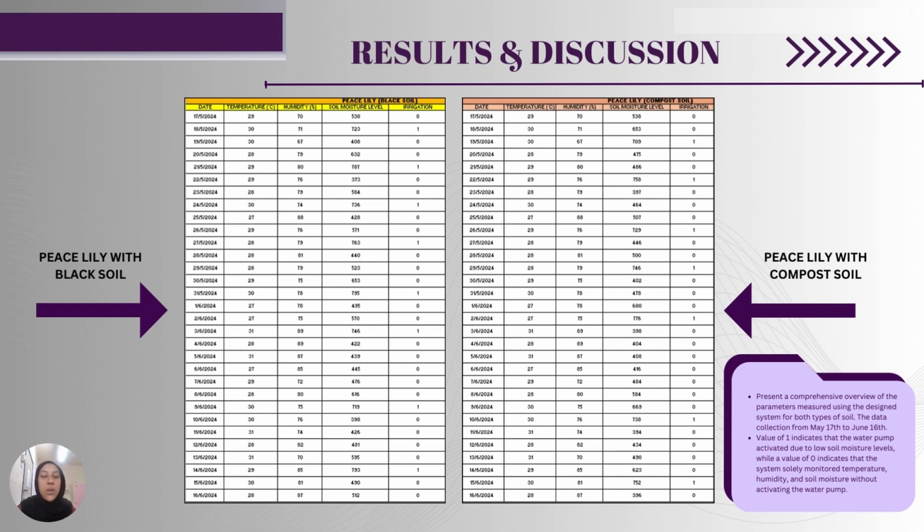In the irrigation column, there are values of 0 and 1, where the value of 1 indicates that the water pump is activated due to the low soil moisture levels, while a value of 0 indicates that the system solely monitored temperature, humidity, and soil moisture without activating the water pump.